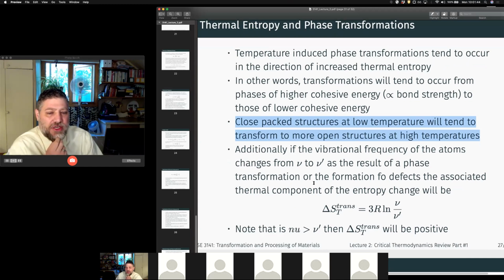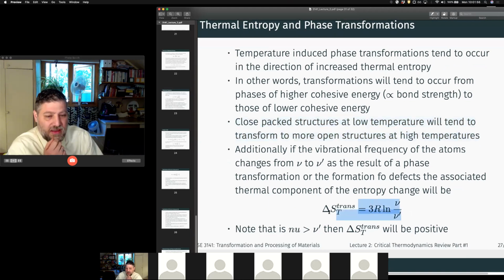Okay, and so if we have a phase transformation, and due to that, the vibrational frequency changes because we're changing the nature of the bonding, we can calculate the change in thermal entropy due to the transformation directly from the frequencies, right? So if nu is greater than nu prime, right?